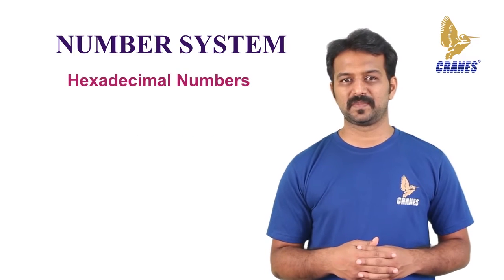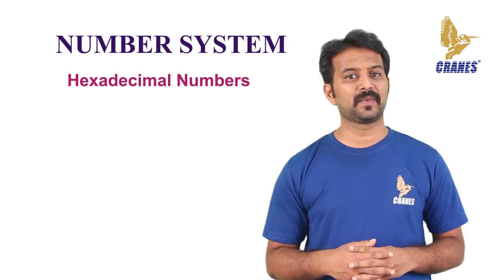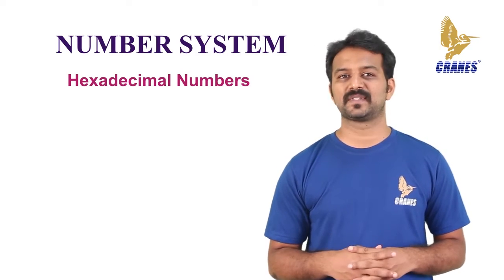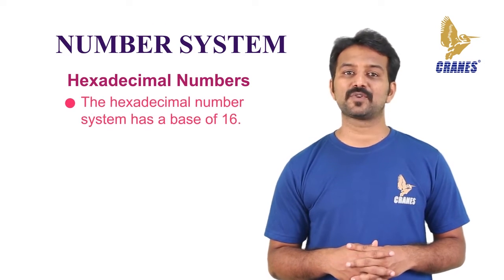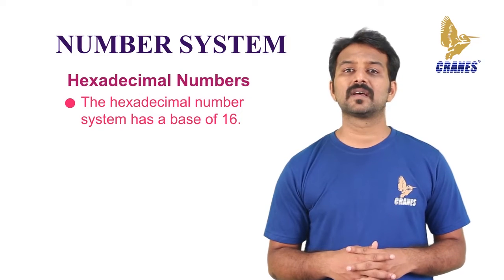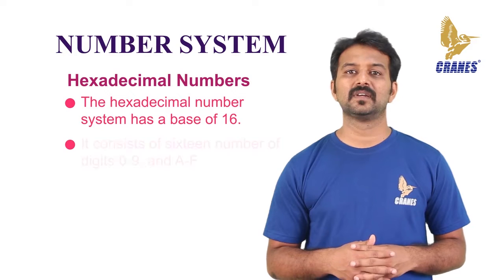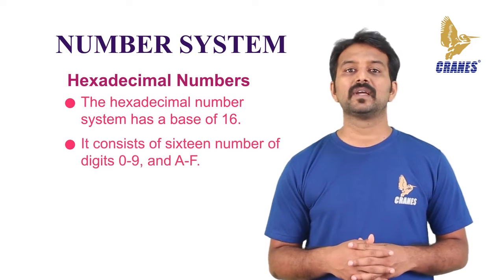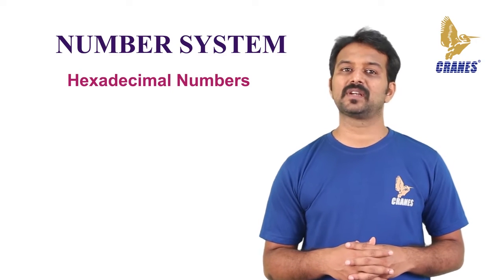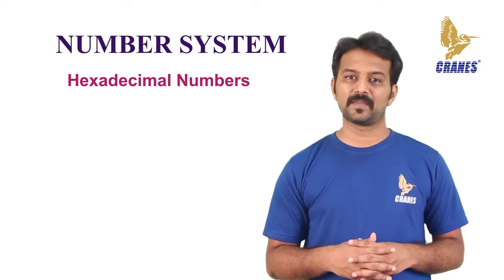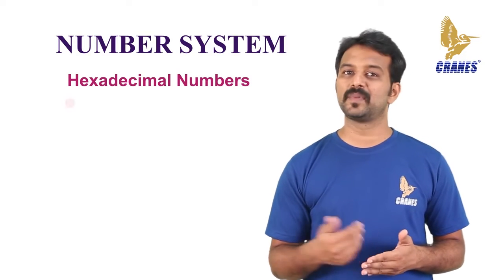Hexadecimal number system. The hexadecimal number system is commonly used in computer programming and the microprocessors. The hexadecimal number system has a base of 16 and hence it consists of the following 16 digits: 0 to 9 and A to F. The size of a hexadecimal number is much shorter than the binary number, which makes it easy to write and to remember.